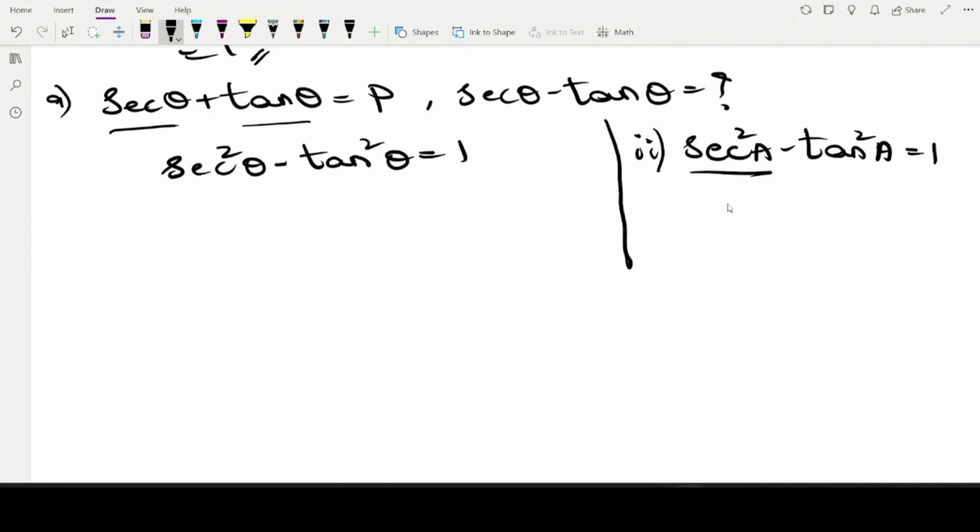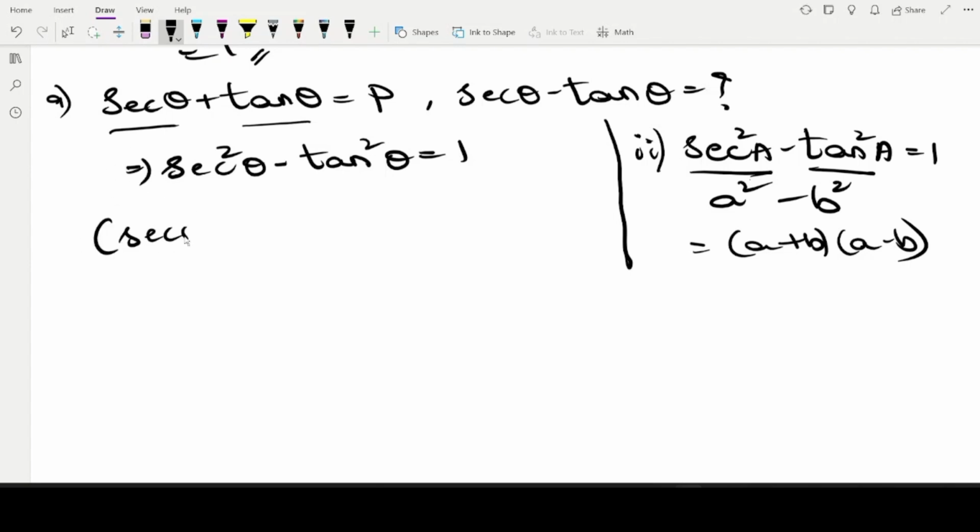These are like A square minus B square. If you take secant theta as A, this becomes A square, minus, if you take tan theta as B, this becomes B square. What is A square minus B square? A plus B into A minus B, the formula. So now let me write them: what is A here? Secant theta, plus what is B? Tan theta, into secant theta minus tan theta equals 1.